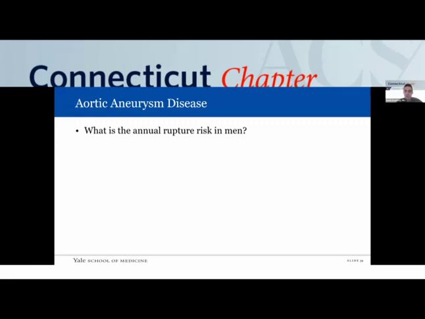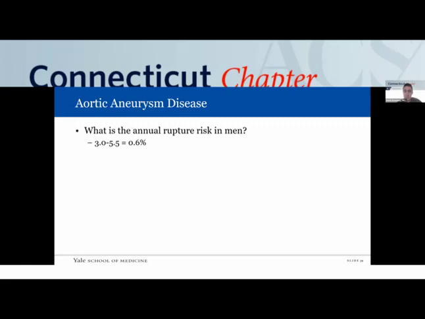What's the annual rupture risk? This is, I'm sure you've seen, very common. We get these consults not only in the hospital, but in clinic for aneurysms that were identified incidentally on imaging. We classify small aneurysms as less than 5.5. The annual rupture risk in men is low, less than 1% per year. As of now, we typically offer lifestyle modification.